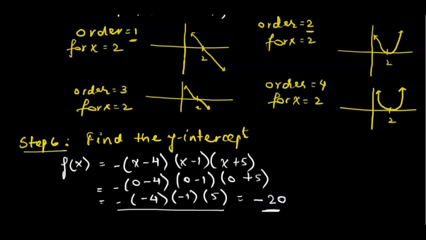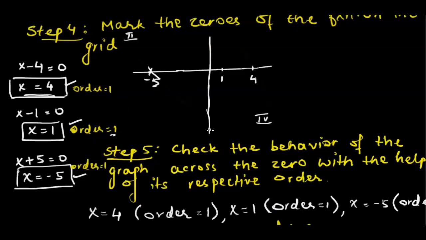Now how do we show this y-intercept on the graph? What we would have to do is, let's say our y-intercept is -20 here. We can make the graph with one endpoint in the second quadrant. So the graph is coming like this, going straight through -5, turning around somewhere, but hitting the y-axis at -20.